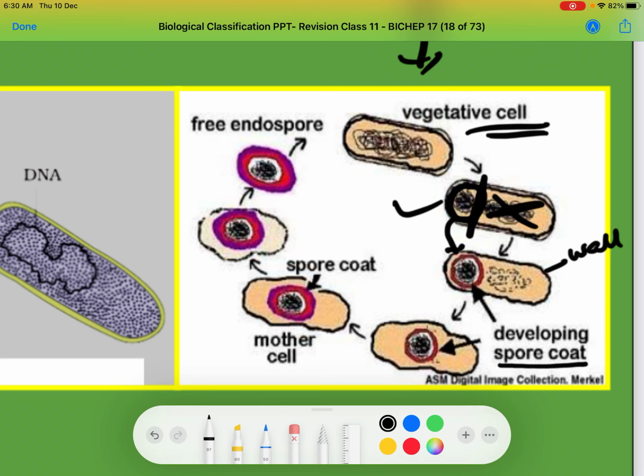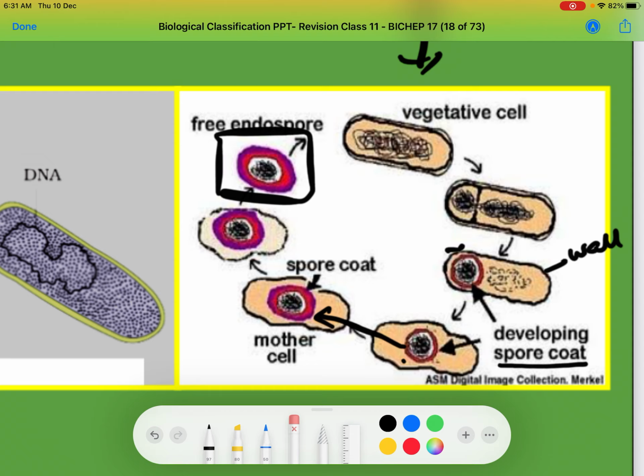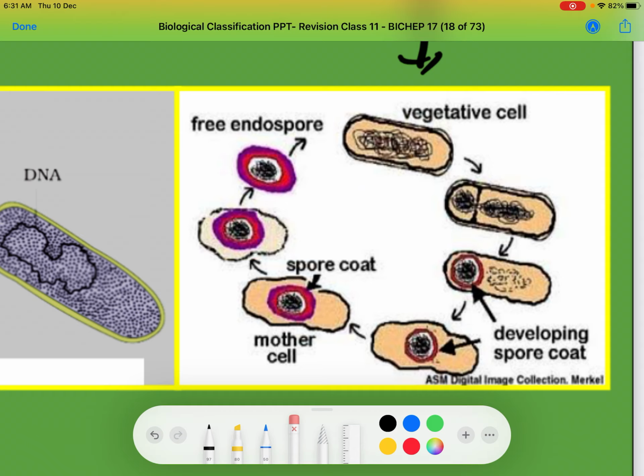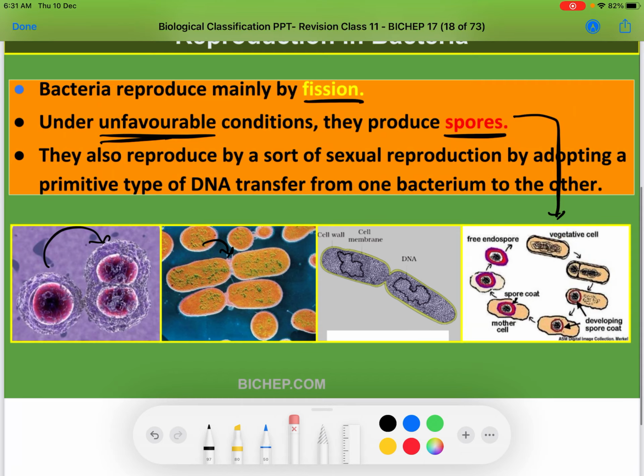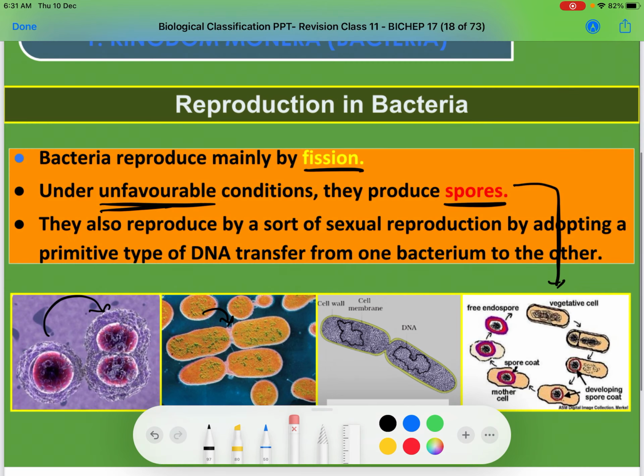It is developing as a special, multi-layered coating. It is converted from one layer to multi-layer, and that multi-layer structure is the spore. So that is how spore formation occurs, and that multi-layer structure gives specialized protection under unfavorable conditions. That is why it is the adaptive method under extreme or harsh conditions for the survival of these kinds of bacteria.